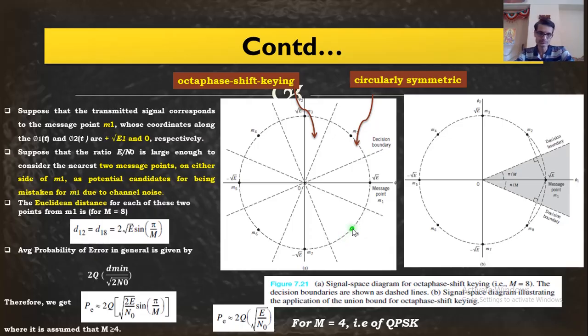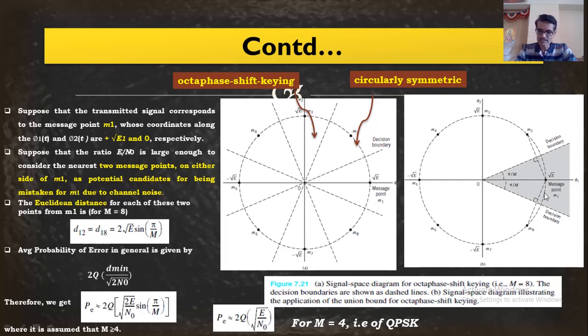If there is any error, there is a possibility of deciding in favor of either m2 or m8 because of the addition of noise in the channel, and the detector fails to recognize it as m1 because of the channel error.